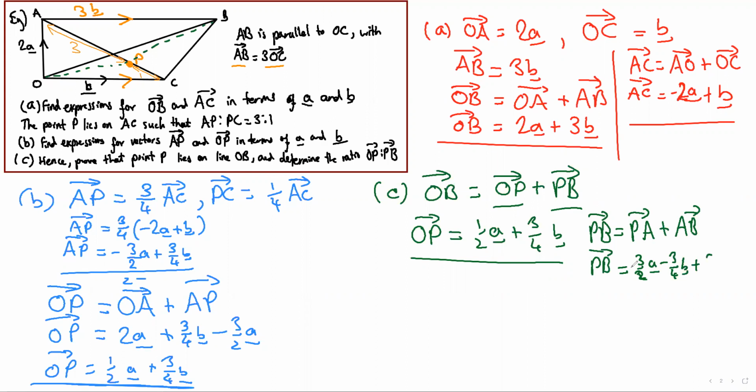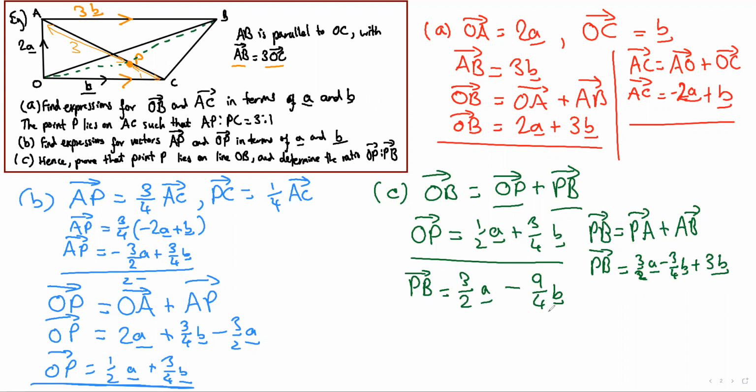And we know that AB is 3B, like that. So we get PB to equal 3/2A minus 9/4B.